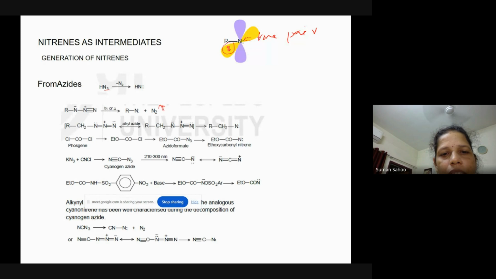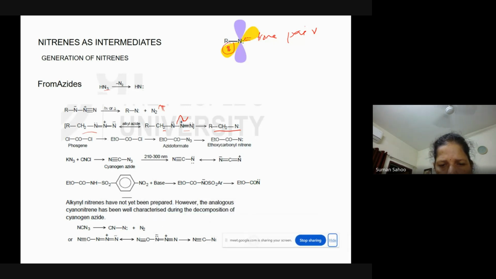Okay, and like this alkyl azide, that is resonance stabilized to give this kind of compound, and again removal of nitrogen gives you your nitrenes. Most of these have the same type of mechanism.